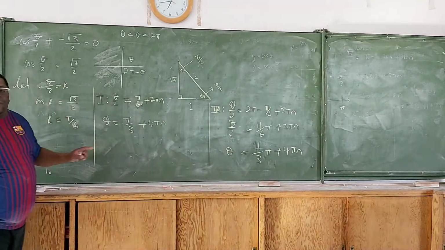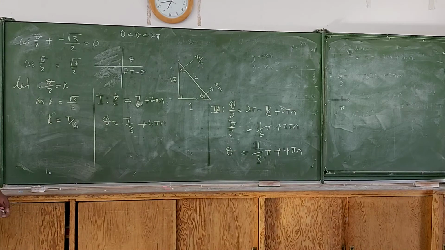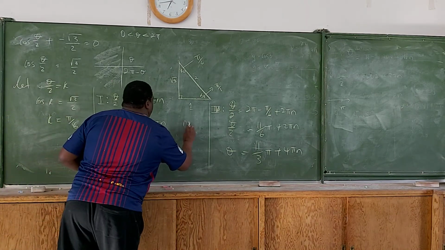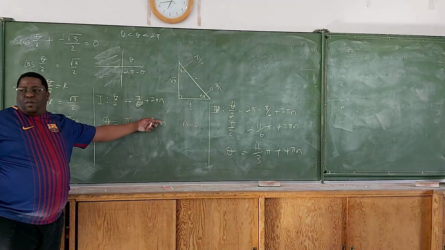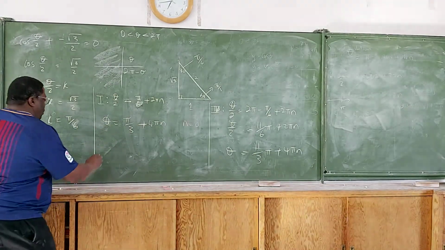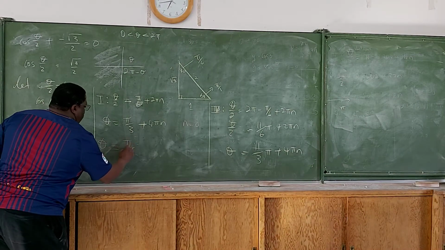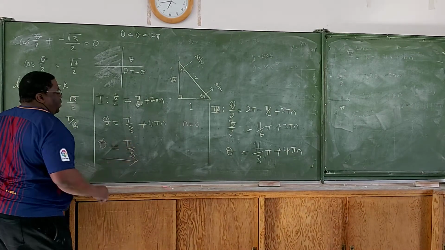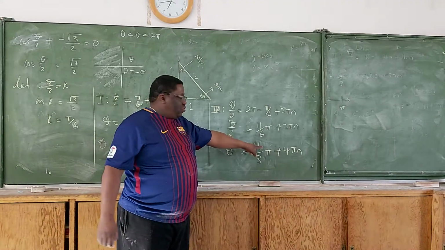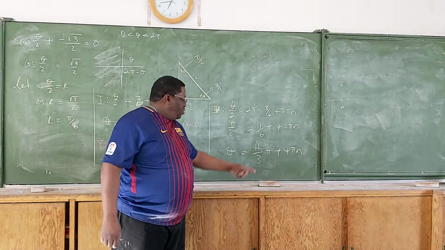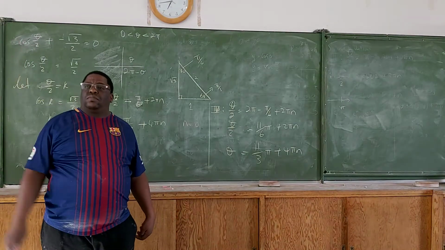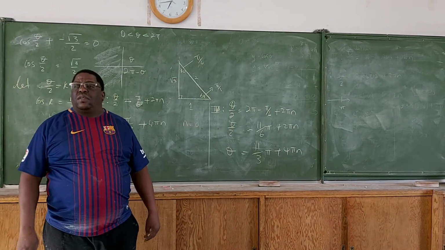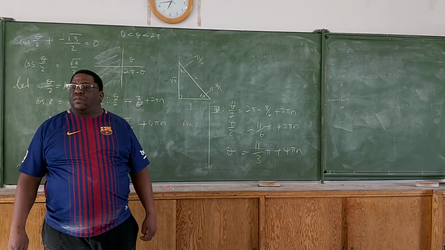Okay, so these are the general solutions. We already agreed which n we're going to use. Right? So if n equals to 0, then the answer should just be pi upon 3. Try this one. If n equals to 0 here, it's going to be 11 over 3. 3 goes in 11 3 times, and something else is left.